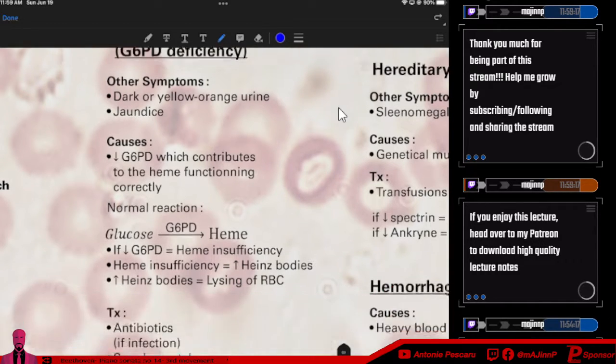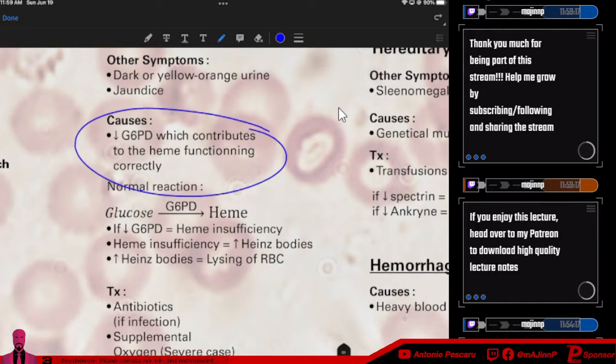The reason for that is that G6PD contributes to the heme functioning correctly. What happens in a normal reaction is that the glucose with the G6PD produces the heme. It is essential in that heme production pathway. If there's a lower G6PD, there is heme insufficiency. That means your heme is not going to function as well.